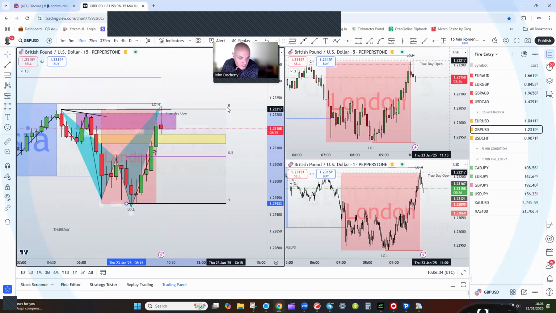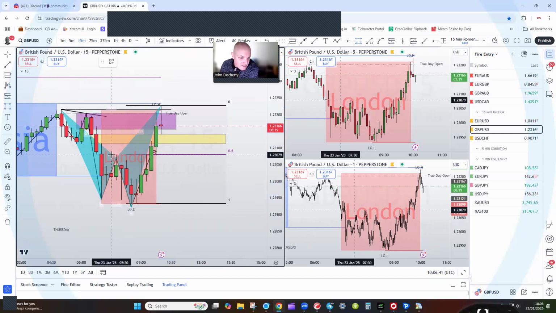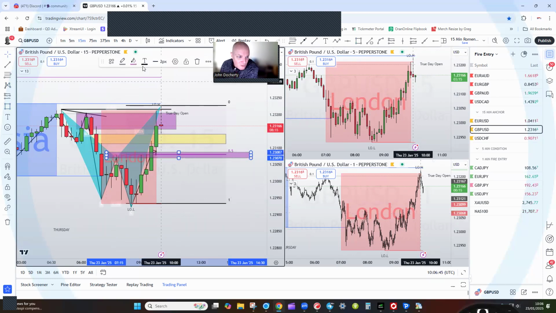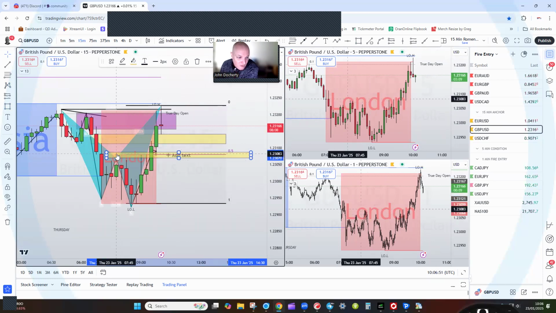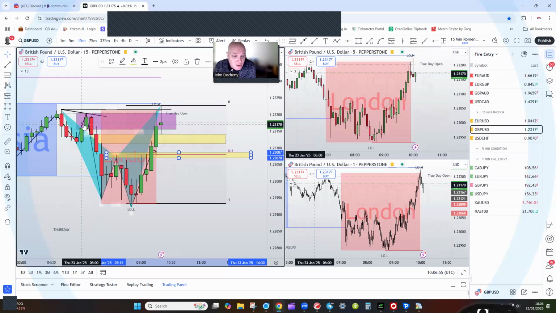I'm waiting for it to come back into the 50%. Now, on a harmonic, when you get the ABCD pattern, generally this center part is a key area. And look what should so happen to appear. It's bang on the halfway point of the harmonic. Like I say, equilibriums, halfway points, they're magnets, you know.